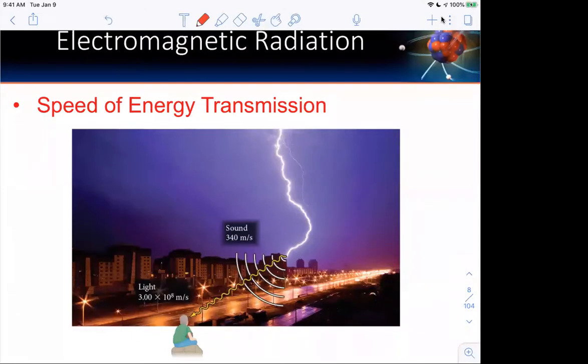The event causes the light and the sound at the same time, but the sound is traveling at a much slower speed through the atmosphere, so the light is going to reach the viewer much quicker than the sound does.